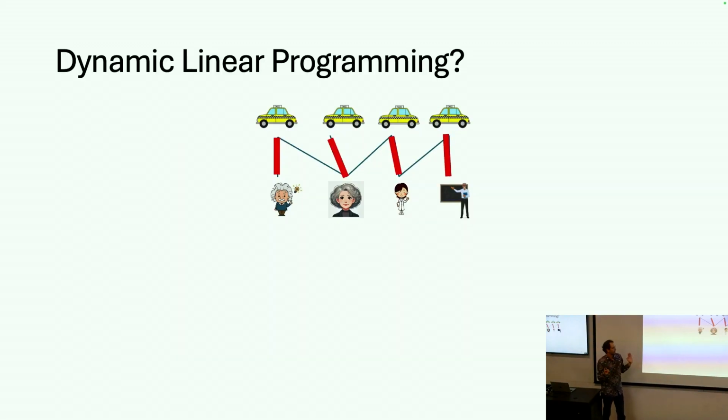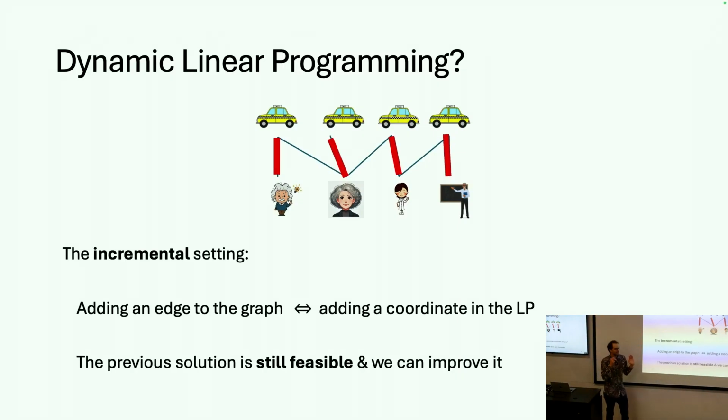Like this person 3 should be matched to cab 3 and person 4 to cab 4. So here we can delete this flow or reassign person 3 to this cab and then this person to this cab. And this is a general observation that we can make about the incremental setting: the flow that we start with, the current flow, remains feasible. It might just no longer be optimal.